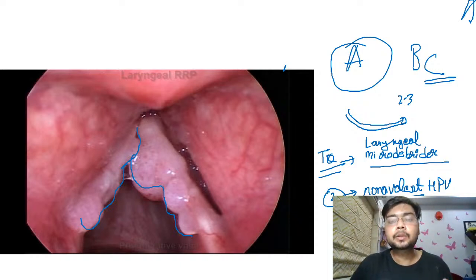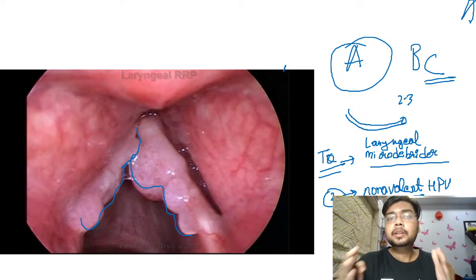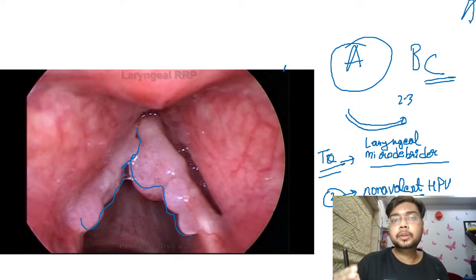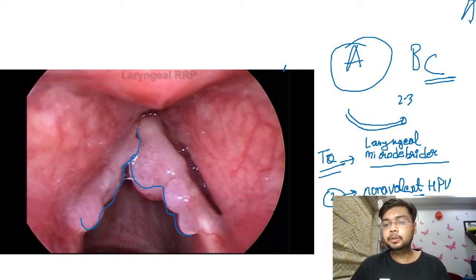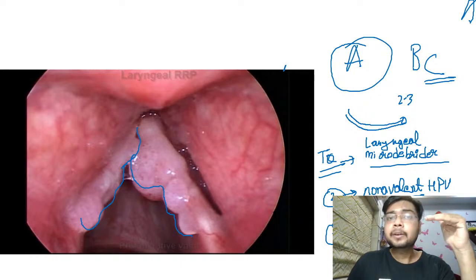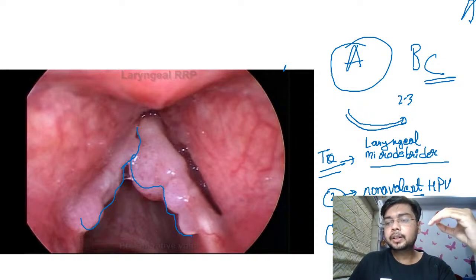By giving it, your patient will present with the recurrence duration prolonged, so the patient will be disease free for a longer time. You can also advise topical cidofovir. They have asked once what topical medication you can give in this scenario: that is topical cidofovir.